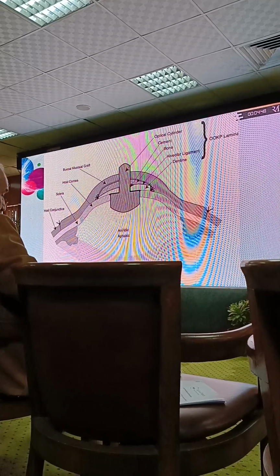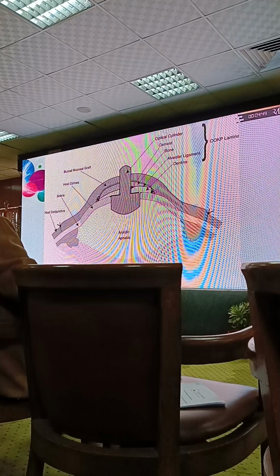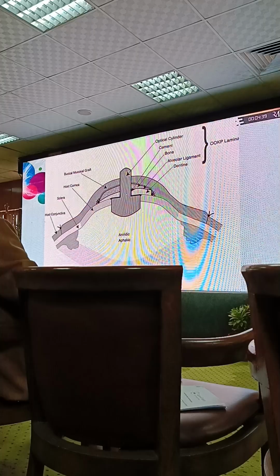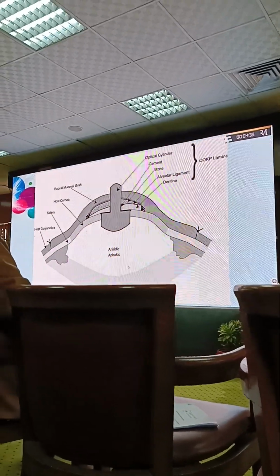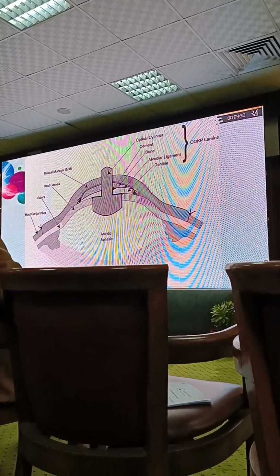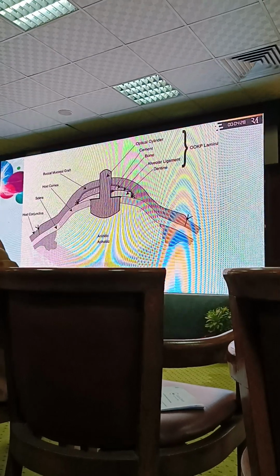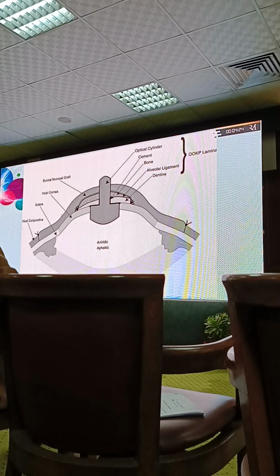This is a cut section of the osteo-odonto keratoprosthesis. This is the optical cylinder which the patient will see through. Of course, you should remove the lens and the anterior vitreous. The eye should be covered with buccal mucous membrane. So you remove the conjunctiva and attach a buccal mucous membrane to the sclera.